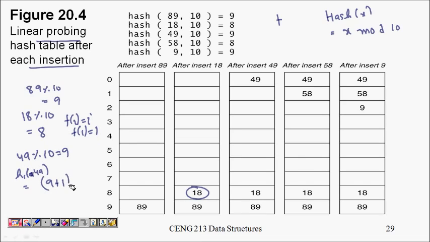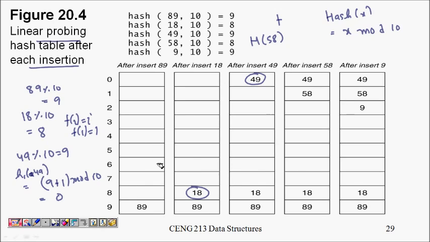So it will be 9 plus 1 mod table size 10, so 10 modulo 10 is 0, and 49 comes here. That's good, because we are not going into a linked list, and so much free space is still there.